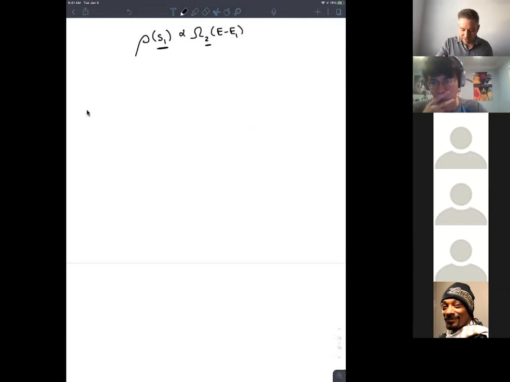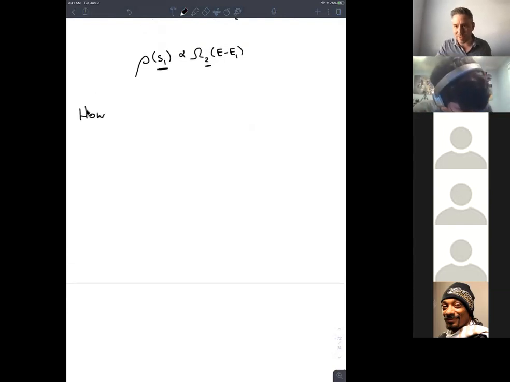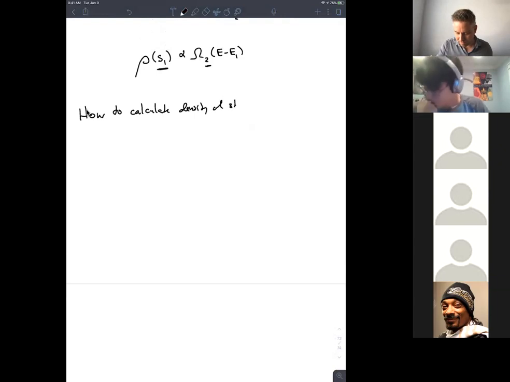Now let's think about how to calculate the density of states of this thing. The probability depends upon the density of states, so let's talk about how to calculate it. Let's appeal back to what we already know, the microcanonical ensemble.